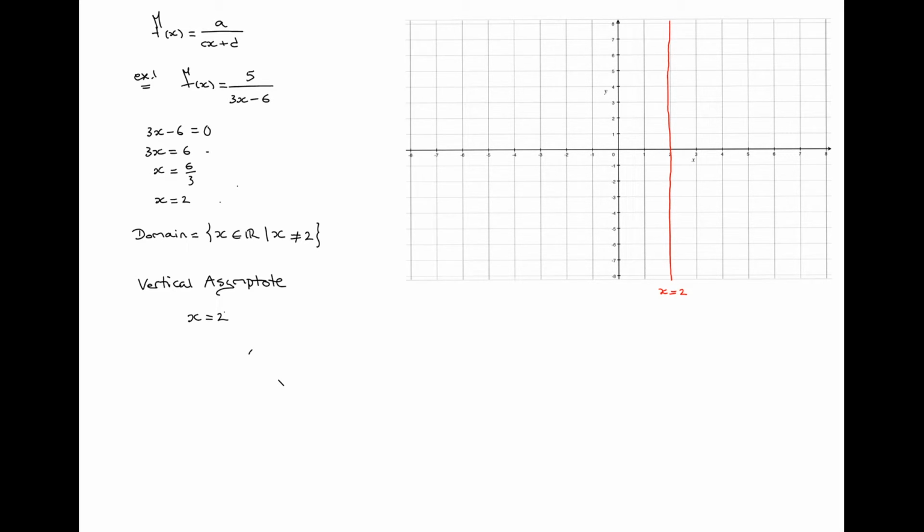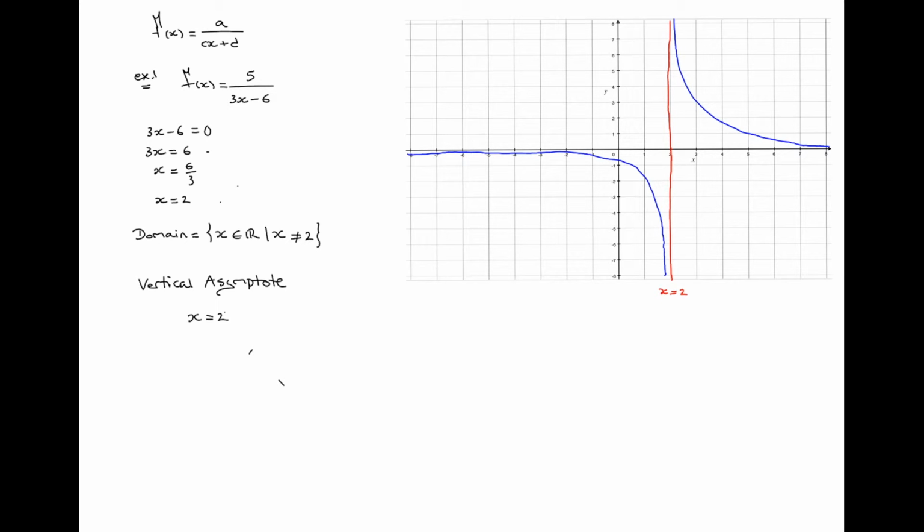You should find that the curve will look something like this. And there you have it. We've just seen how to find this function's domain and the equation of its vertical asymptote.